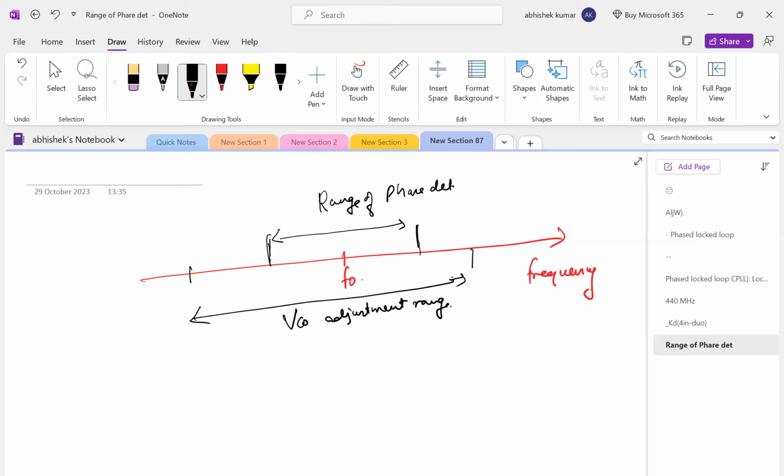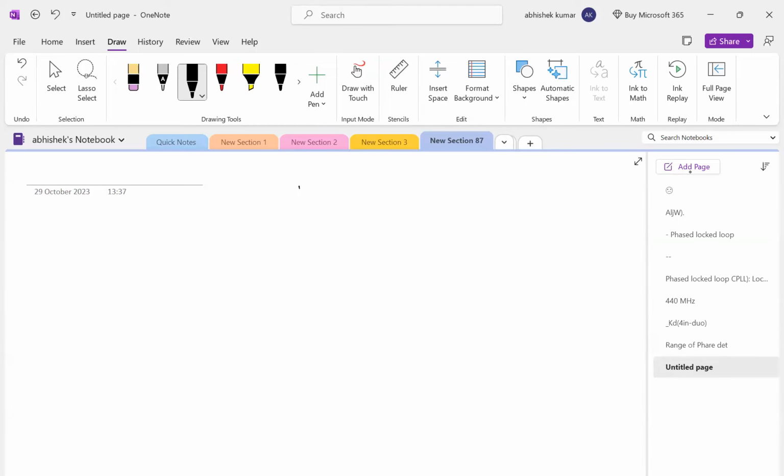Now we can tackle one question, the PLL example. We have F naught equal to 440 megahertz, and frequency range 515 to 575 megahertz.